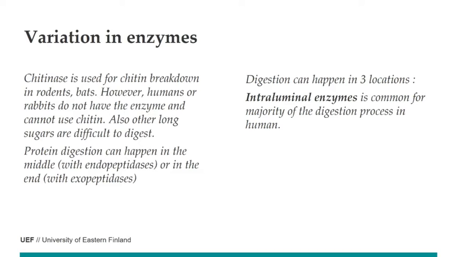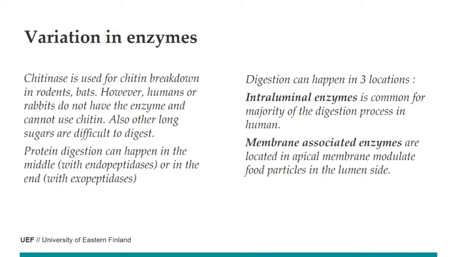We have intraluminar enzymes that work inside, for example, the small intestine, and it's common in humans. But then we have these membrane-associated enzymes that are on the surface of epithelia, modulating these food particles on the lumen side. And then we can also have enzymes that are working inside the cells. And this is typical digestion in some clams.